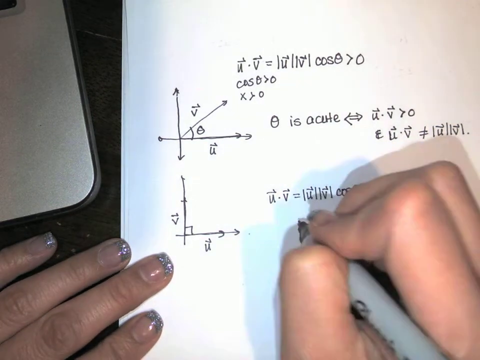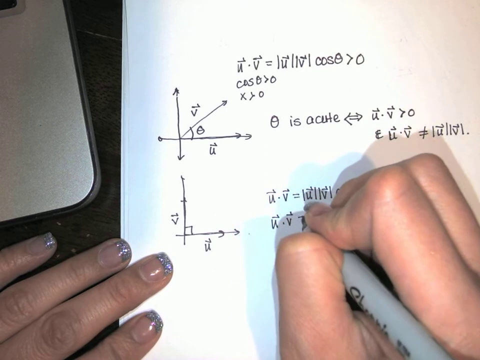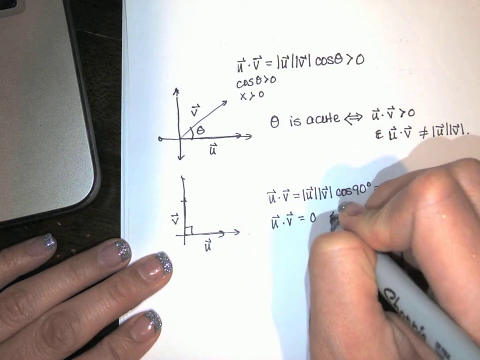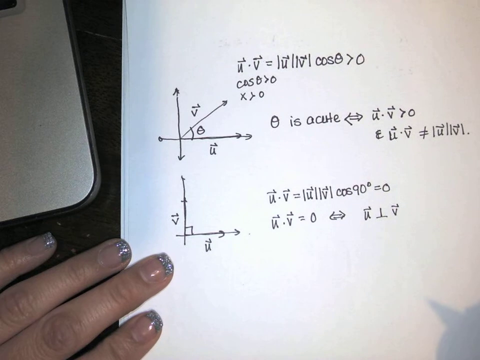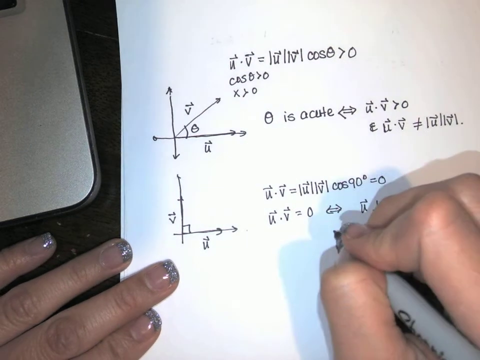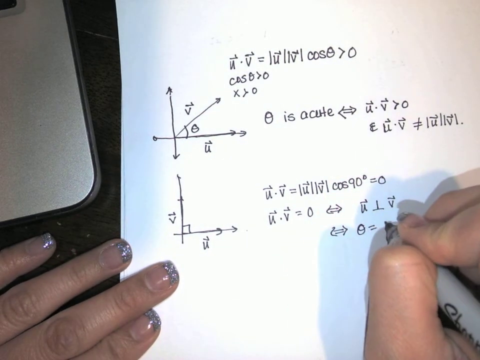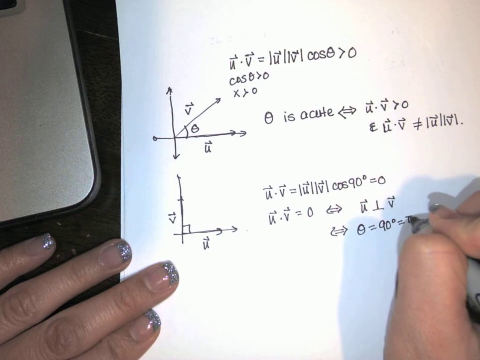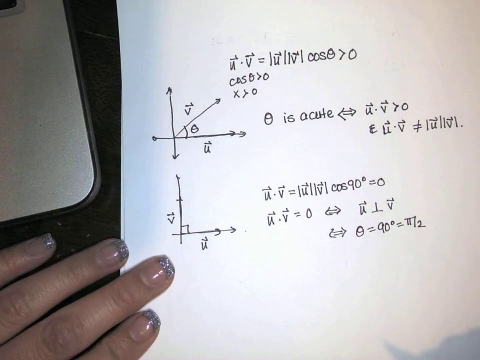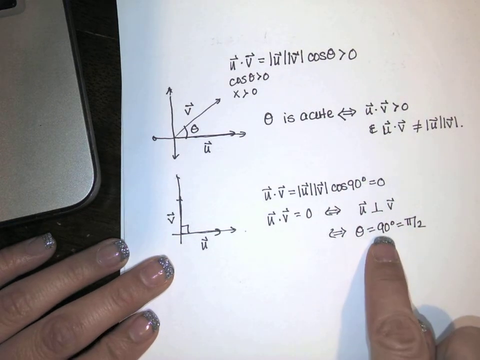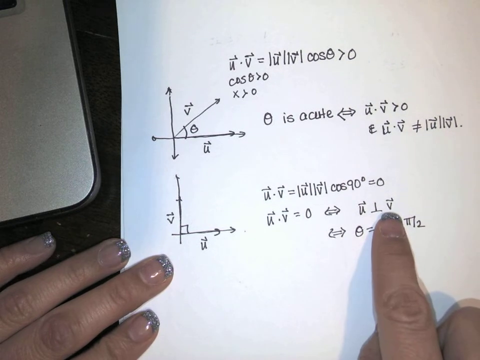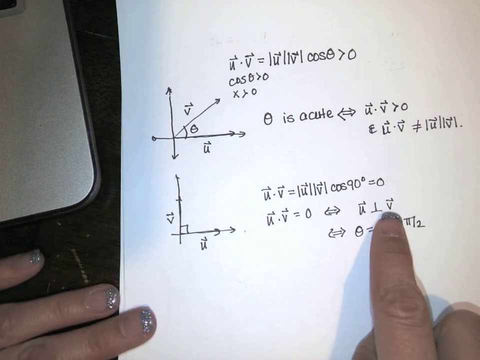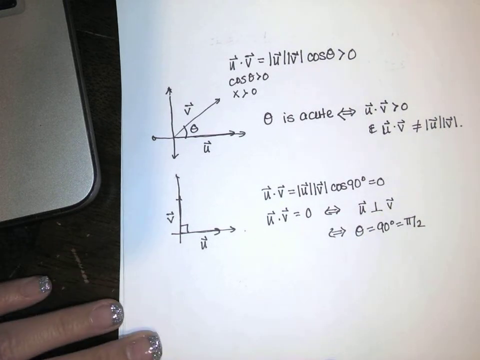So if you get a dot product that's 0, you immediately know that u is perpendicular to v, or u is orthogonal to v, or you know that theta is 90 degrees, or theta is pi over 2 radians, same thing. Or if you know that that angle is pi over 2 radians, you immediately know that visually they're perpendicular to each other, or orthogonal to each other, and the dot product is 0.